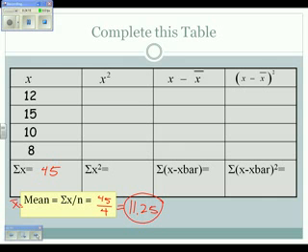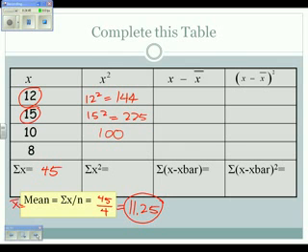And then we need a column for all of the x squared values. So what that means is I'm going to take this value and I'm going to square it. So this is 12 squared. That equals 144. And then 15 squared, 225. And then 10 squared is 100.